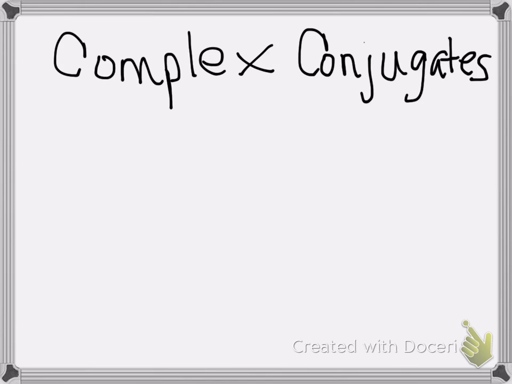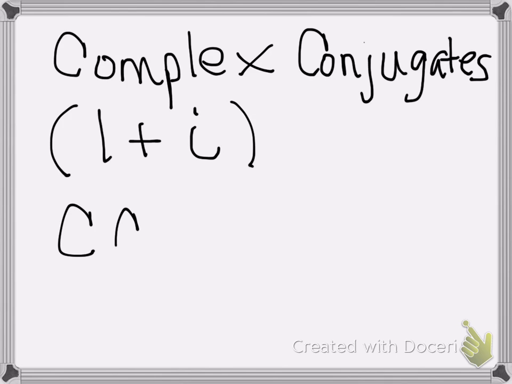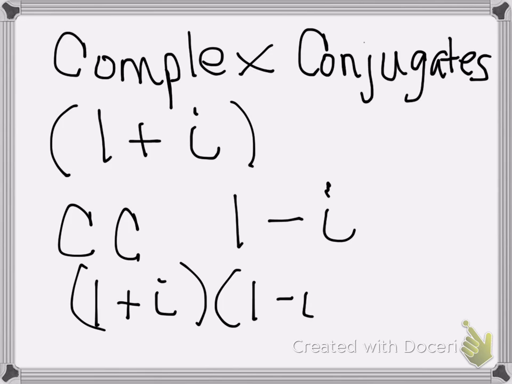Complex conjugates. Okay, so for example, if I gave you 1 plus i, the complex conjugate, I'm going to call it CC, is 1 minus i. Okay, and every time that you multiply complex conjugates together, you're going to get a single number. Okay, so for example, we just did it a while ago. 1 plus i, 1 minus i.